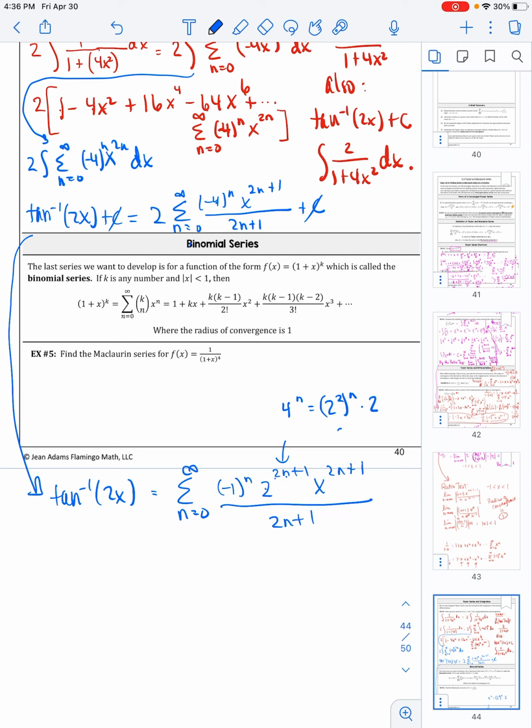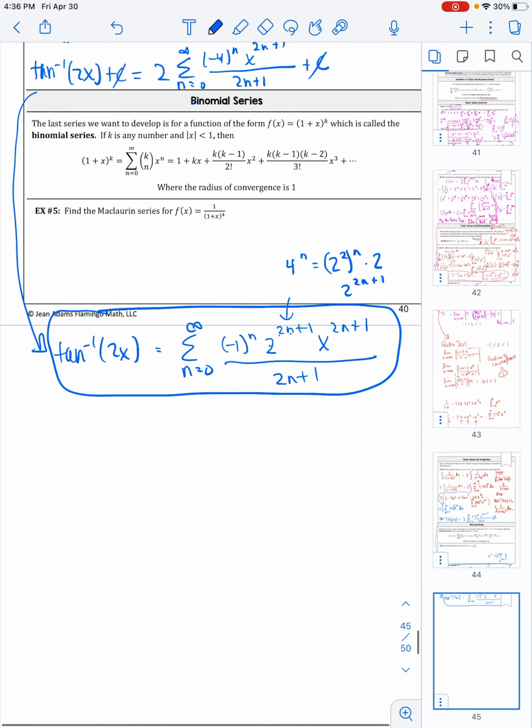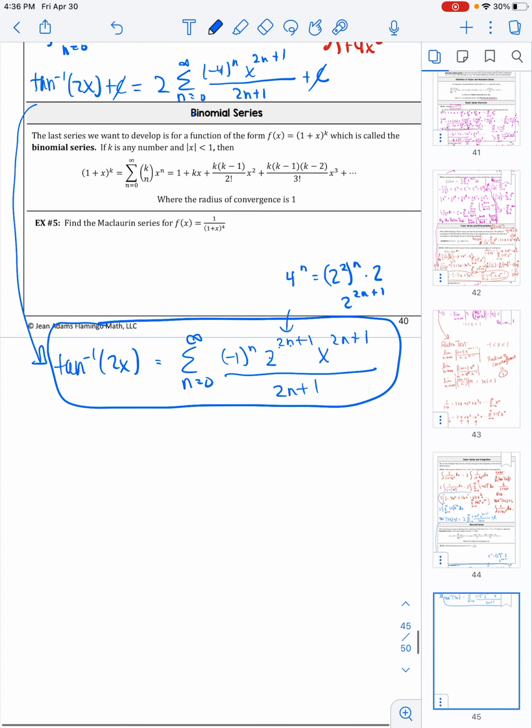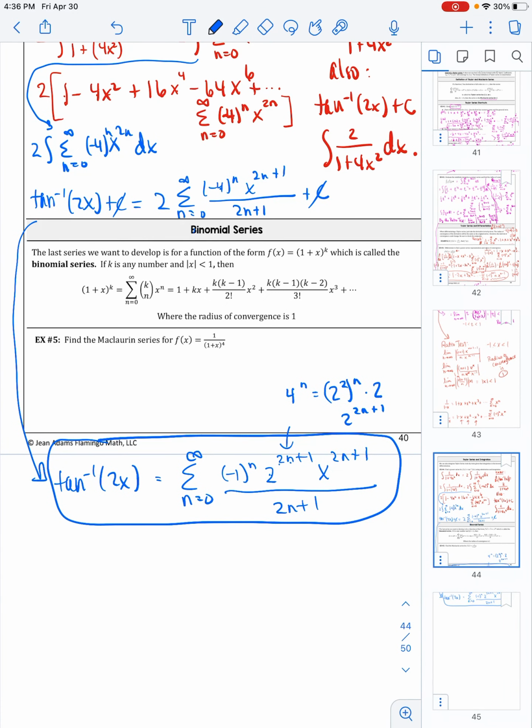And then this is times 2, so it'd be 2 to the 2n plus 1. So this was your 4 to the n. It became 2 squared to the n, and then we multiplied by 2, and we simplified to 2 to the 2n plus 1. And so this ends up being your power series.